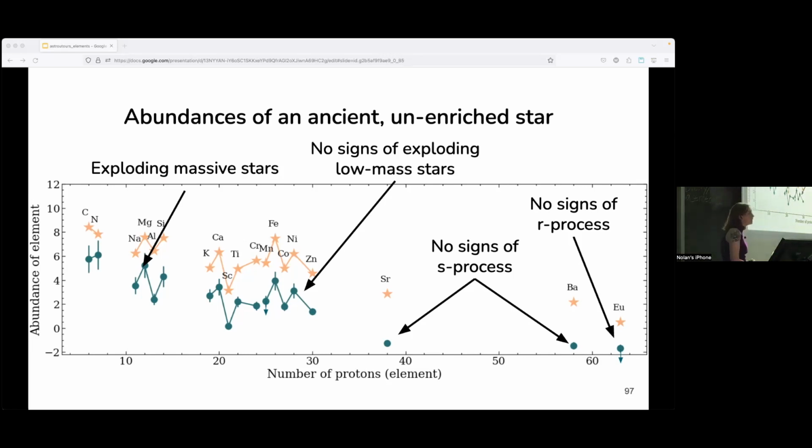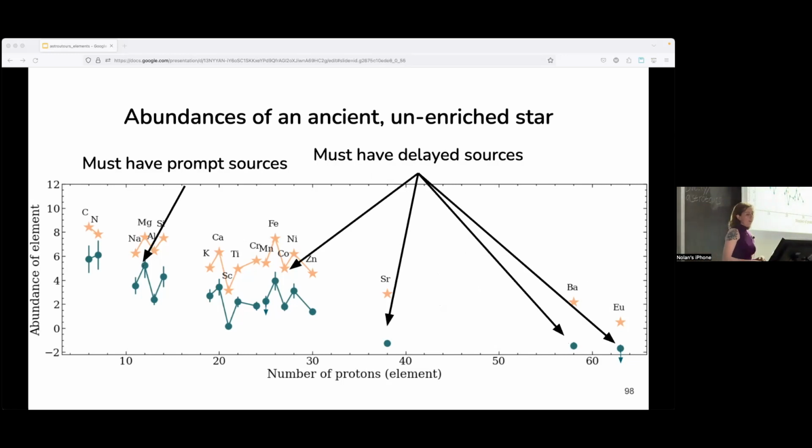And what that tells us is that we got some iron from the exploding high mass stars that made this magnesium and silicon, but didn't get any from the exploding low mass stars. Since we know the star formed early in the universe, whatever made this, let's say we didn't know it was massive stars yet, had to have happened pretty quickly.